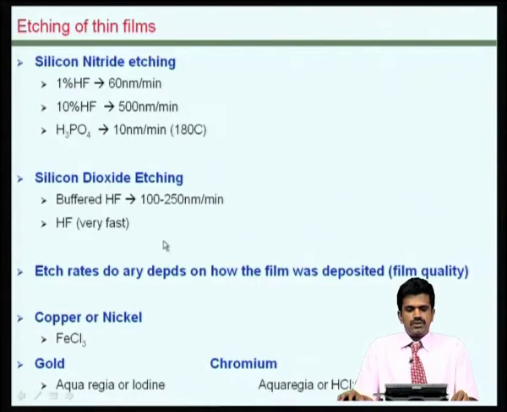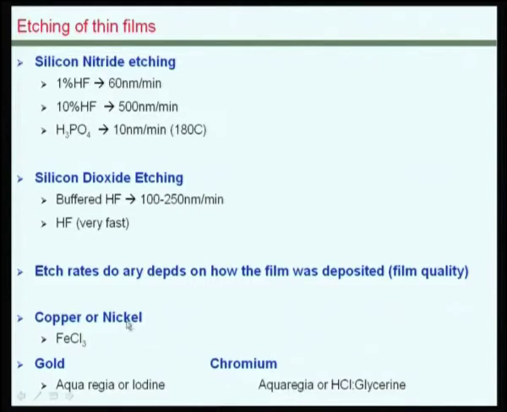The etch rates do depend on various properties and how the film is actually deposited. You may also want to pattern various metals, and different compounds are used for etching them.